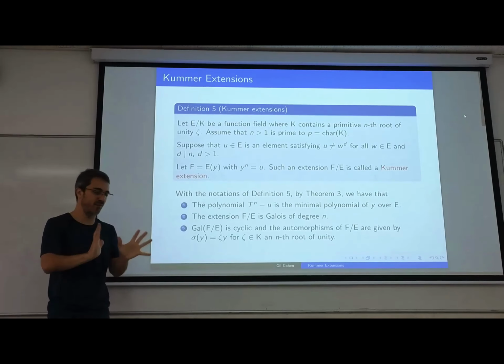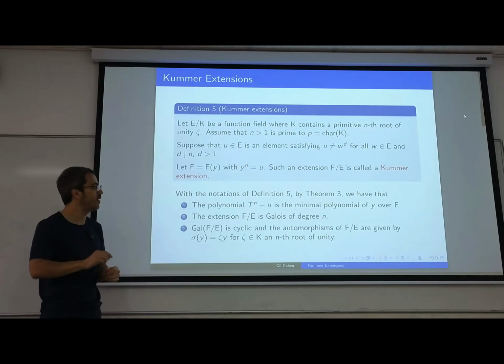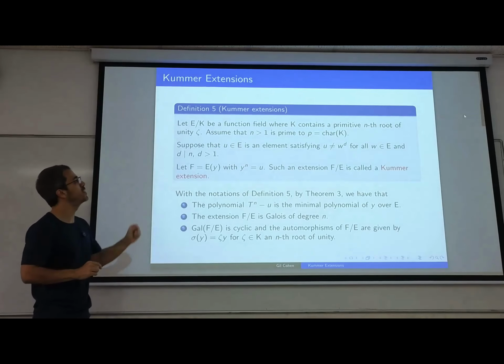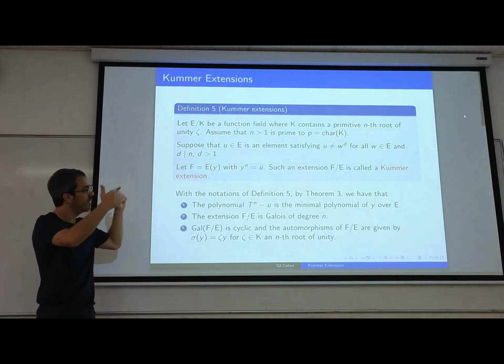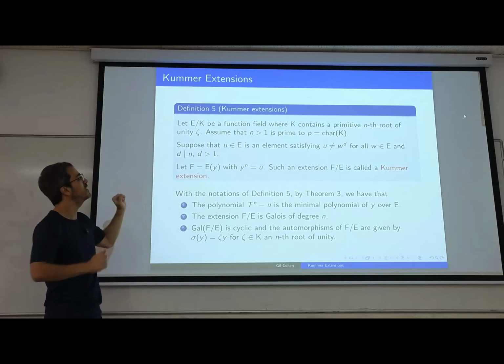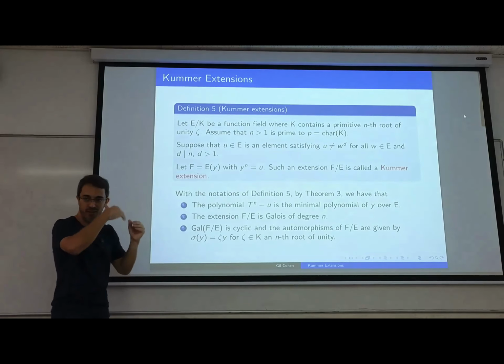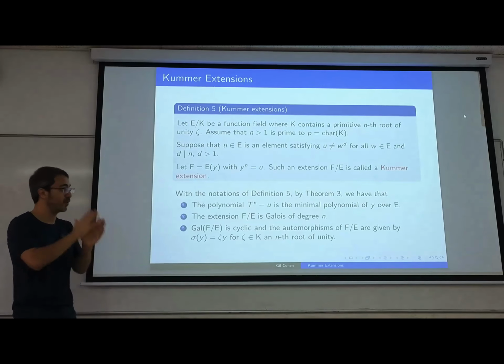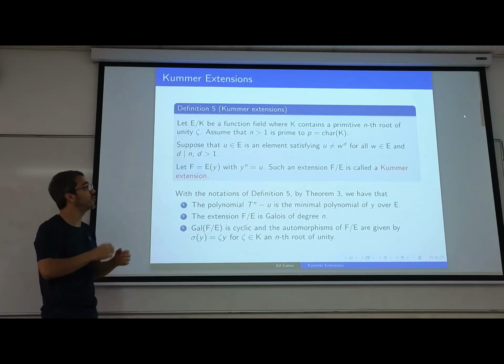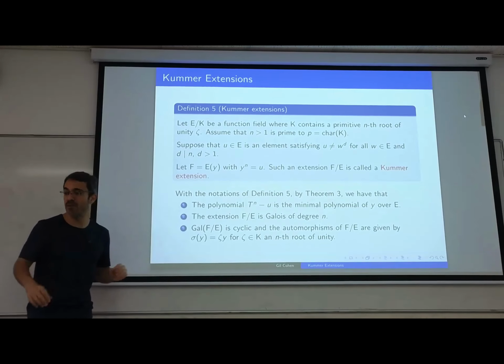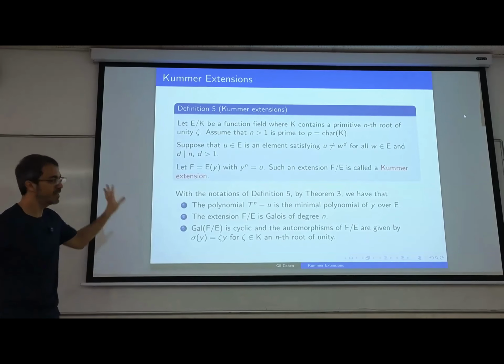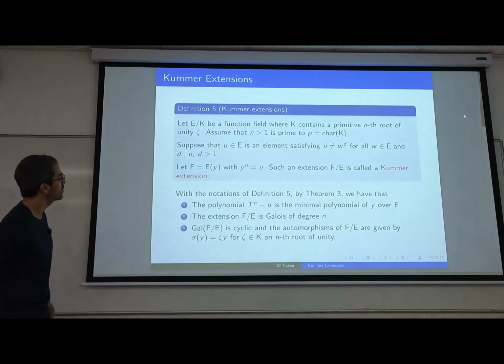There is an asterisk which requires the characteristic to be co-prime to the extension degree. If it's not co-prime, for example, if it's the same as the characteristic, it's called an Artin-Schreier extension. And generally speaking, it's a mix of those. But I'm going to talk about Kummer extensions now.